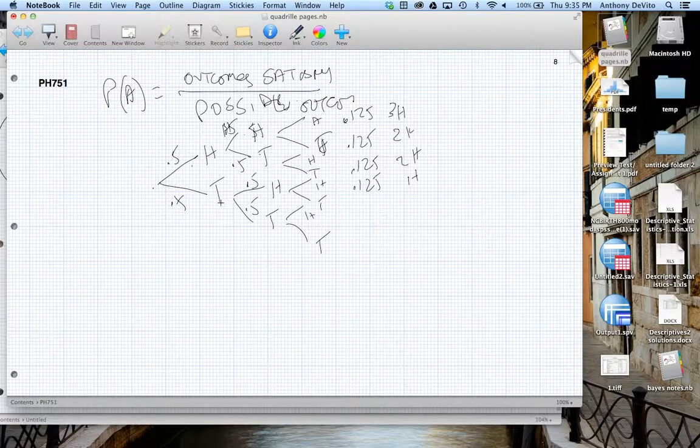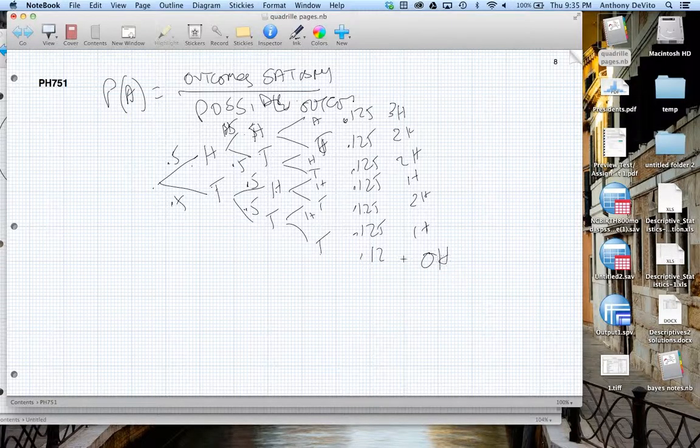And I keep going. Now the first one is tails, heads, heads, which is 2 heads, 0.125. Tails, heads, tails is going to be 1 head, 0.125. Tails, tails, tails is going to be 0.125.